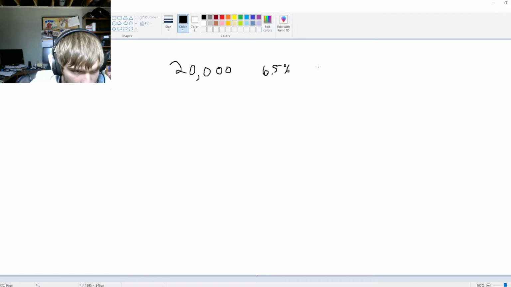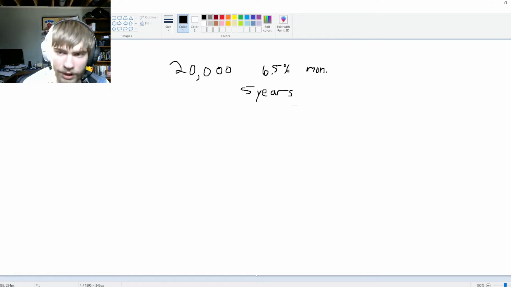Now that's important. I'll just put MON. Make sure you note how often the payment is. And we've taken out a 5-year loan, so it's over 5 years. And then the question is, what is your monthly payment?